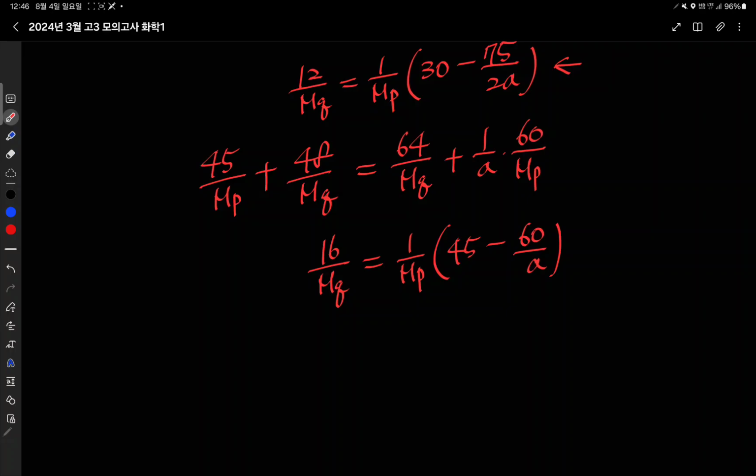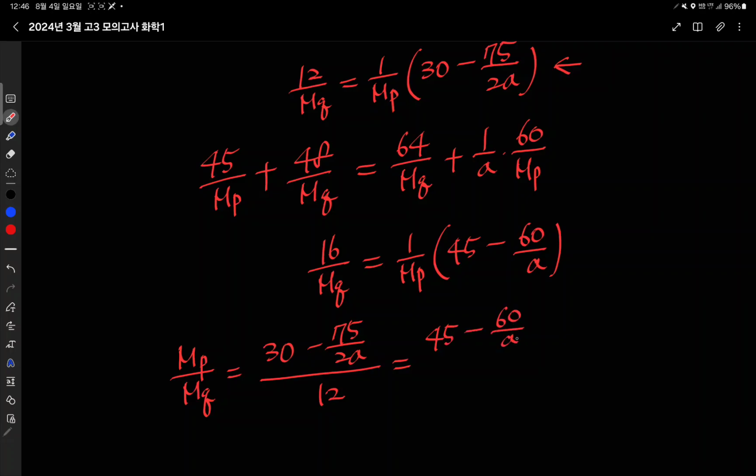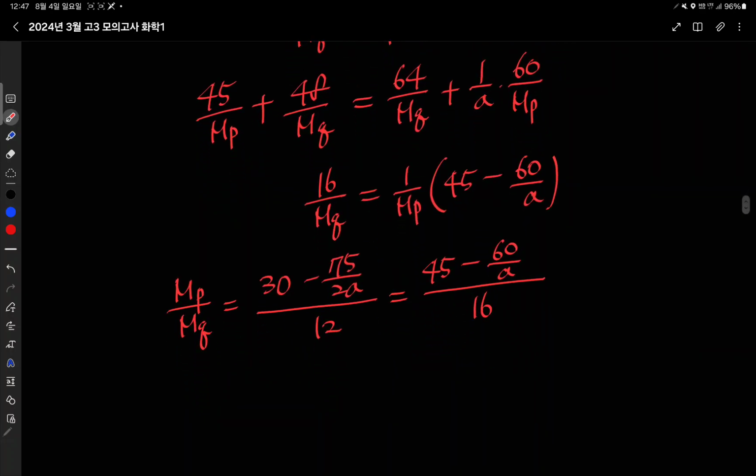From the first equation, NP over NQ is (30 minus 75 over 2A) divided by 12. And from the second equation, NP over NQ is (45 minus 60 over A) divided by 16.